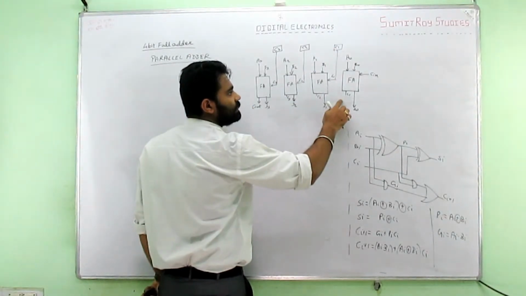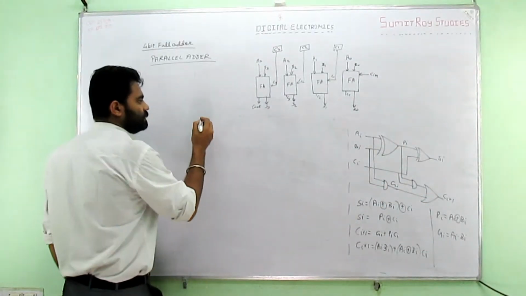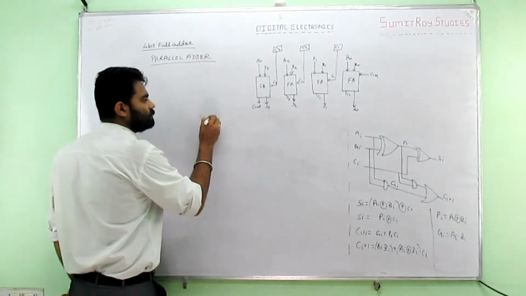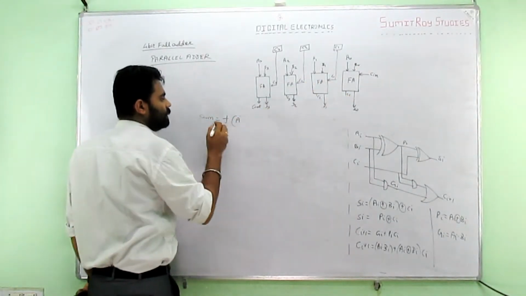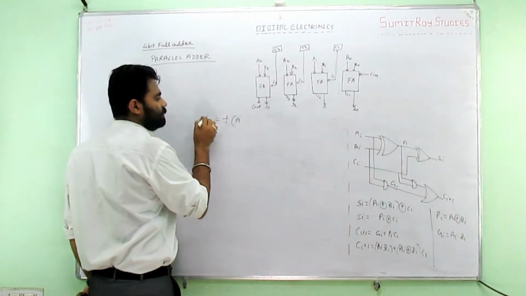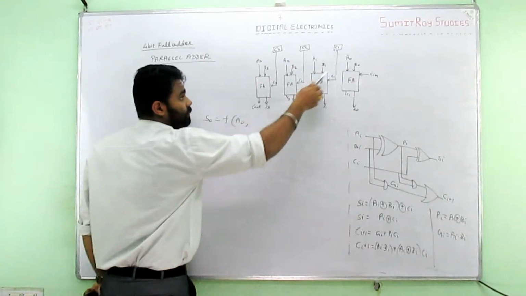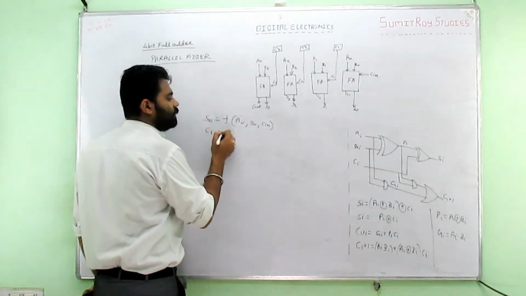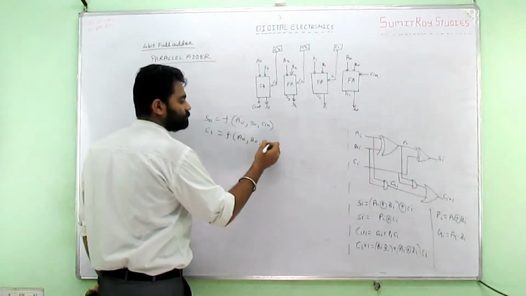Actually, C1 is a function of A0, B0, Cin. That is C1. Let it be S0, I'll write it in a more appropriate term. S0 is dependent on A0, B0 and Cin. And C1 is also dependent on A0, B0 and Cin.